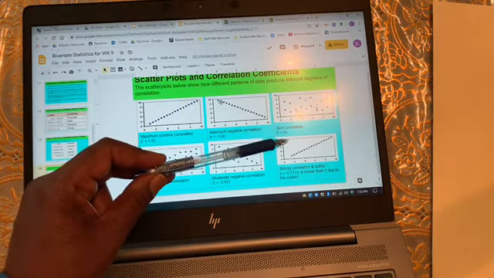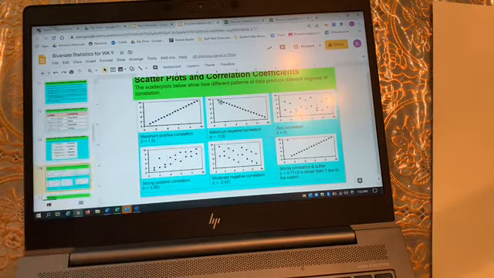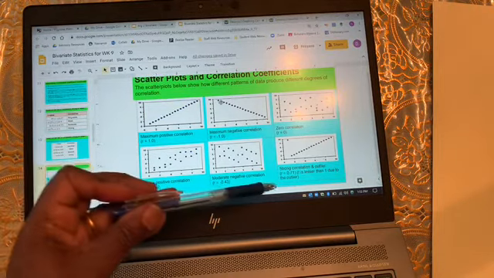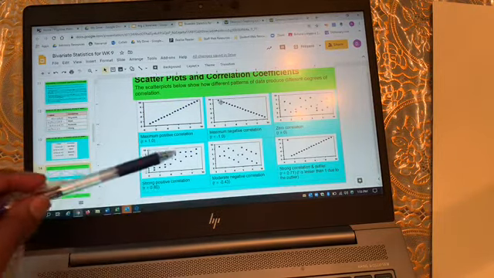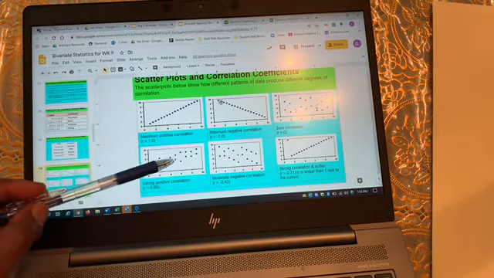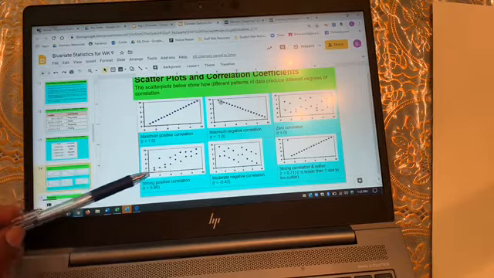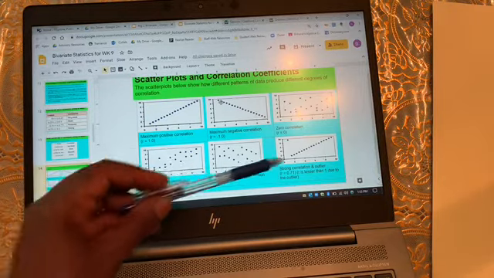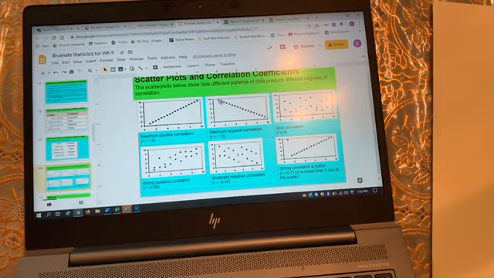We have this point there. Because of that, it would still be strong, but not as strong as this one, where the points are close to each other with the same trend. Okay, so we can differentiate the scatter plots, or associate them with the correlation coefficient, by how the points go.